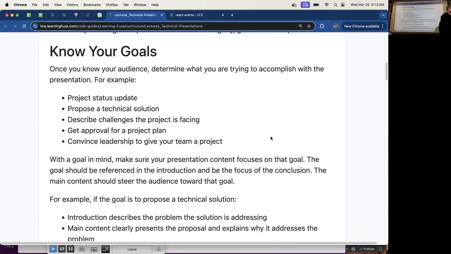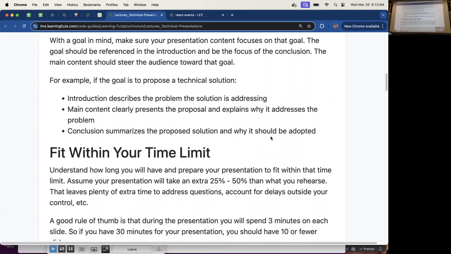Okay. So now, once you know what your goal is, you can make sure your presentation actually drives the audience towards the goal you're trying to get. So for example, if your goal is to propose a technical solution, then in your introduction you describe what problem you're trying to solve.